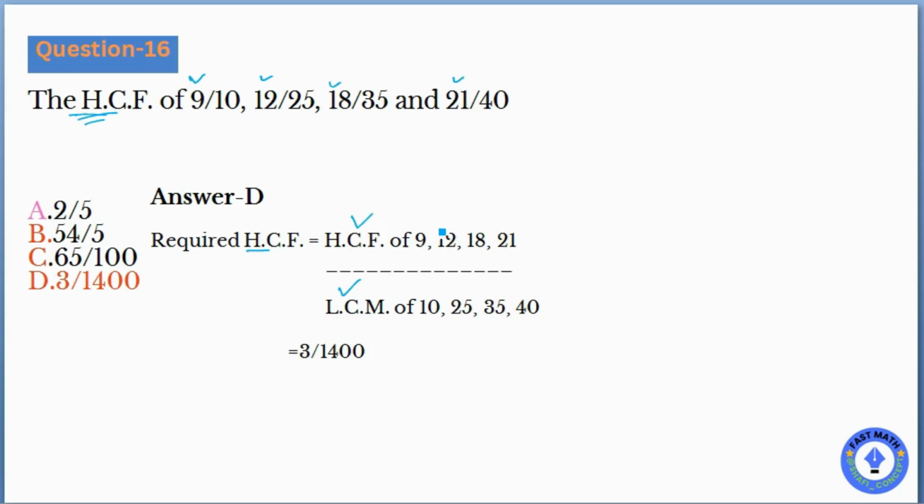Let us find the HCF of these numbers, and the LCM of the denominators. The denominators are 10, 25, 35 and 40. You know how to calculate the HCF. The HCF of all these numbers is 3, and the LCM of the denominators is 1400. The answer is 3 by 1400.